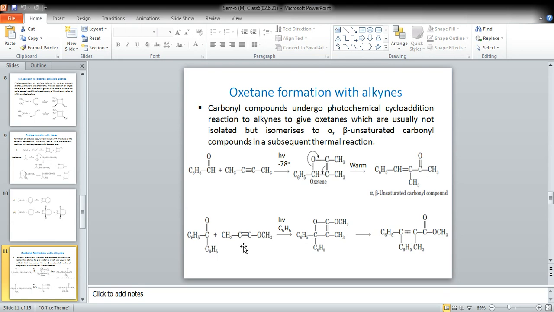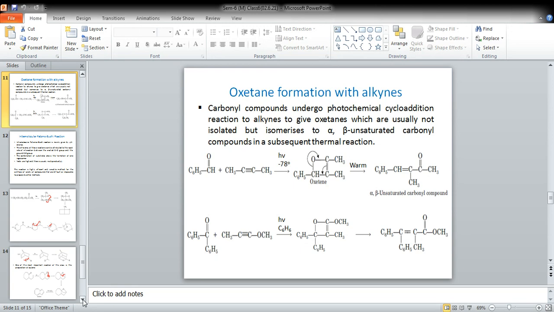Similarly, if we take benzophenone and this particular alkyne having an ether group, it converts to an oxetene, but this oxetene is not that stable, so easily on warming or heating it converts to an alpha beta unsaturated ester. This is the alpha beta unsaturated ester. Like that, oxetene formation takes place with alkynes.